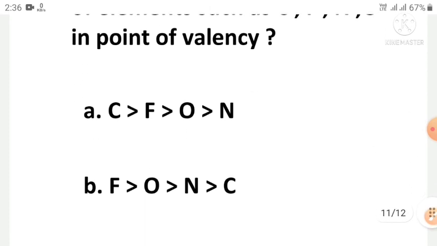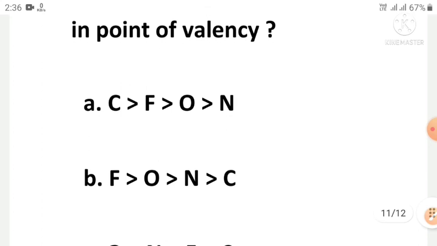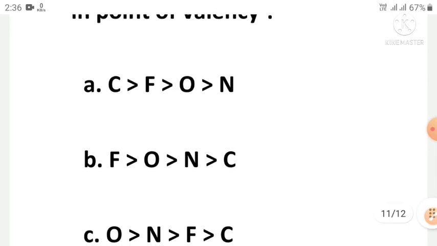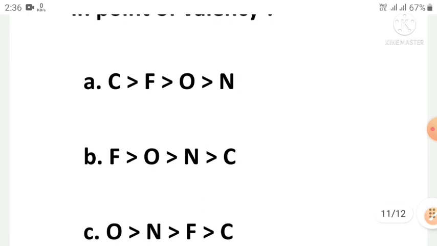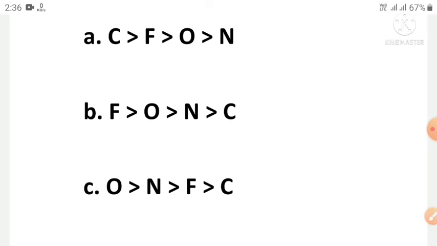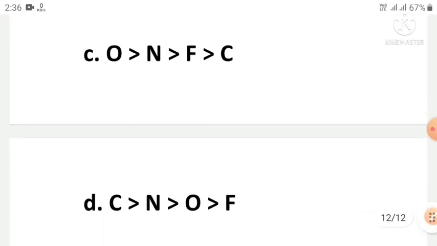Here 4 options are given. A: C greater than F, F greater than O, and O greater than N. B: F greater than O, O greater than N, and N greater than C. C: O greater than N, N greater than F, and F greater than C. D: C greater than N, N greater than O, O greater than F. So we have to arrange with respect to valency.